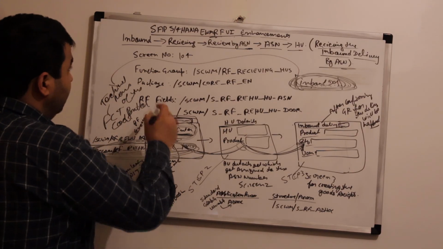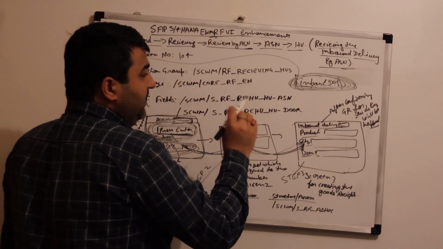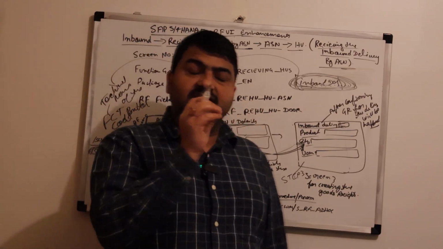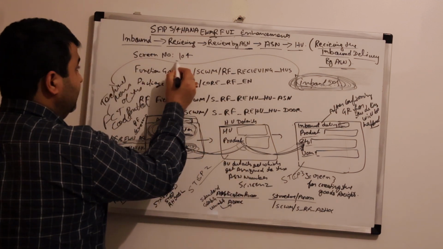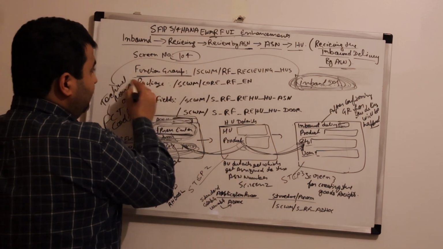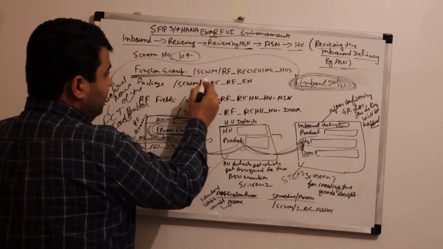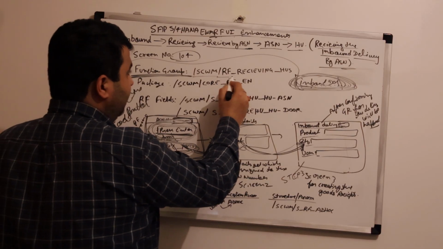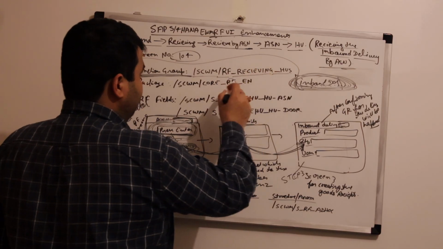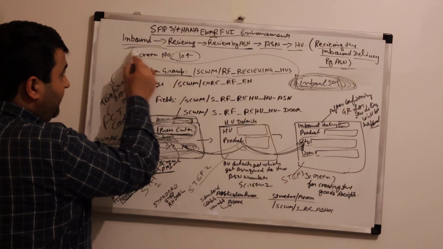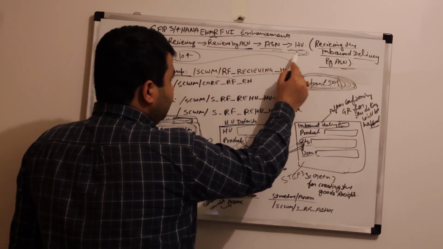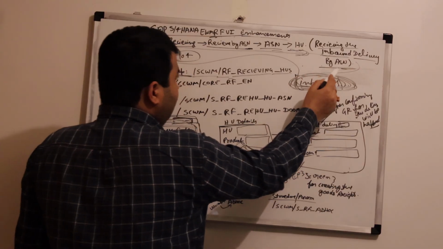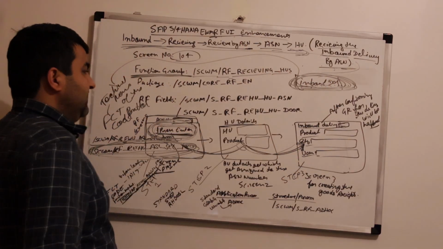The first standard screen number of the RFUI is 104. The function group is the standard function group /SCWM/RF_RECEIVING_HUS, because what we are performing here is receiving the handling units based on the inbound delivery and the ASN numbers.